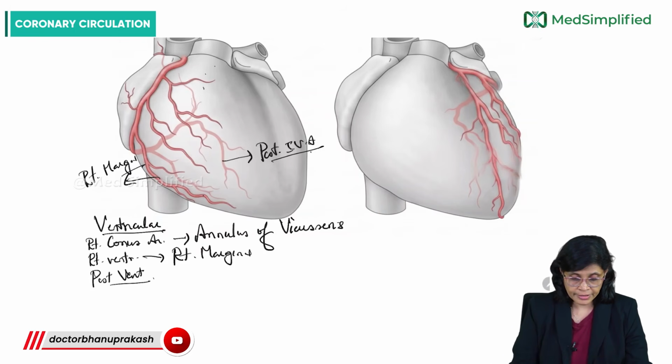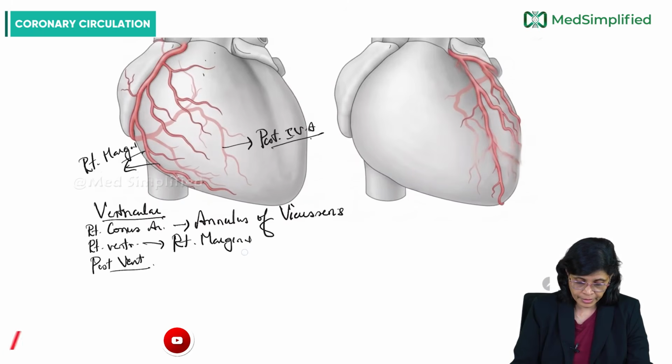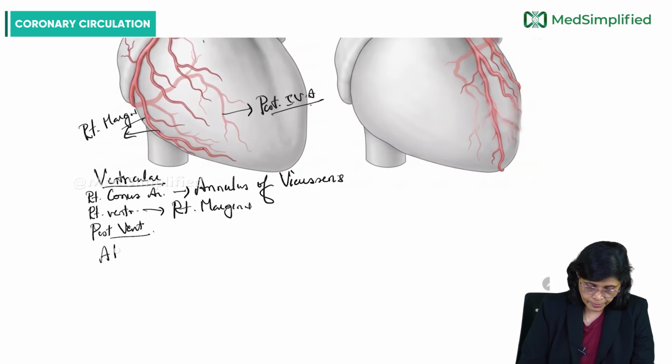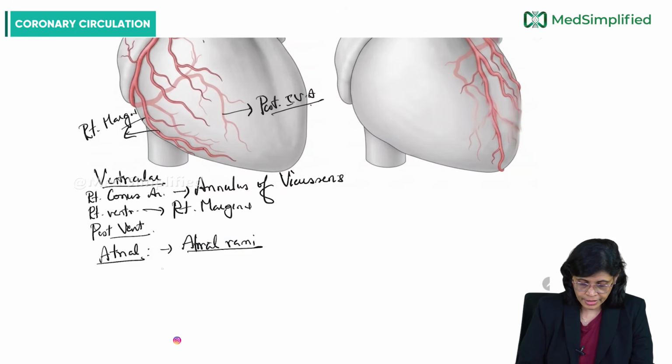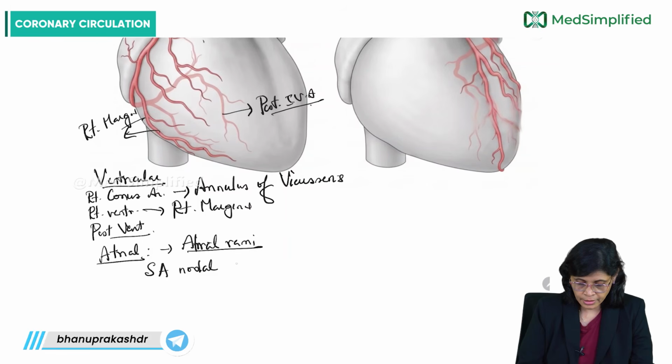So these are the ventricular branches, and among the atrial branches, it gives the atrial rami. Among this atrial rami, one important branch is the sinoatrial nodal artery, SA nodal artery.